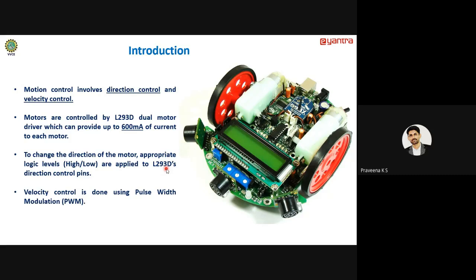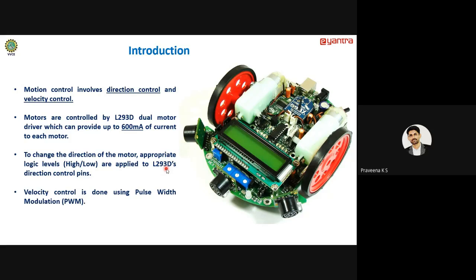Basically, it defines how long and how much power has to be given to a corresponding wheel at a particular time. Based on the power that you give to the motors, they will move at that speed. That is the basic idea behind this.